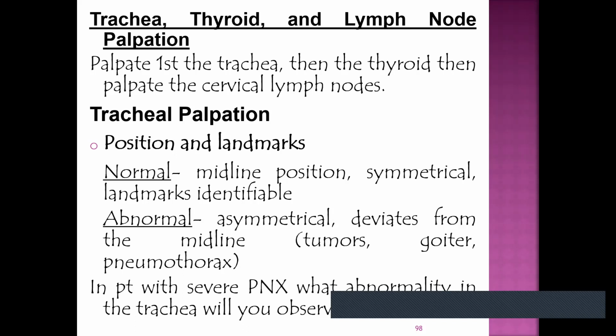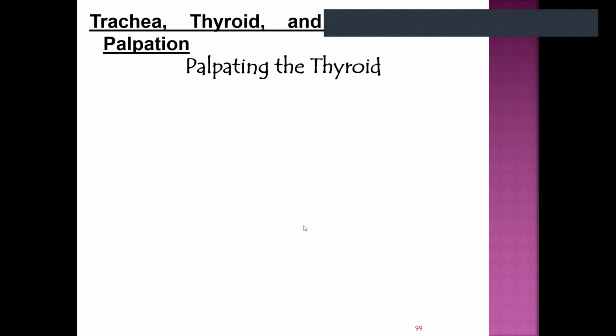Okay, so in the patient with severe pneumothorax, what abnormality in the trachea will you observe? You might want to answer this, and then we'll get back to you when we see each other.